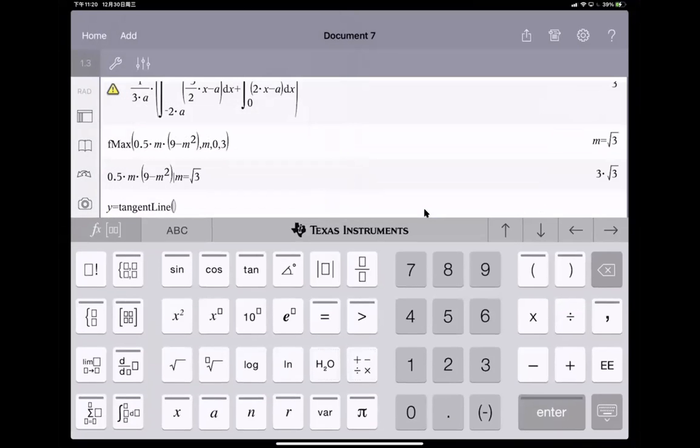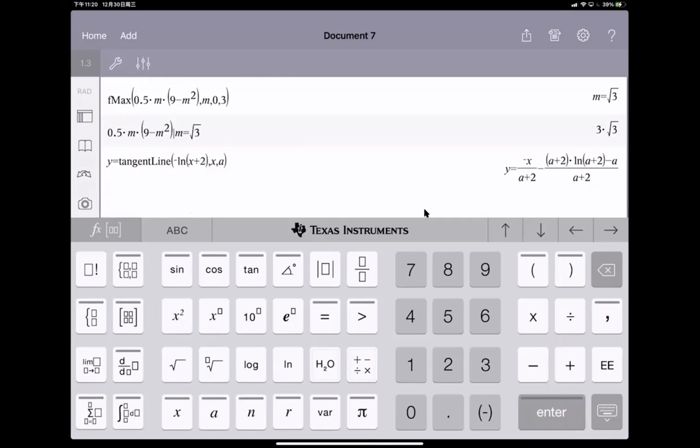And the function itself is minus natural log x plus 2, comma, x, comma, an arbitrary value of x, which is a. So here comes our tangent line at x equals a. Then my target is find the value of c, which is the y-intercept. So I can substitute x equals 0 into this equation and solve for y, which is c.